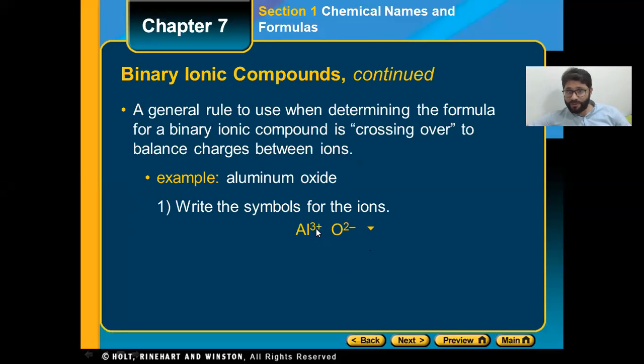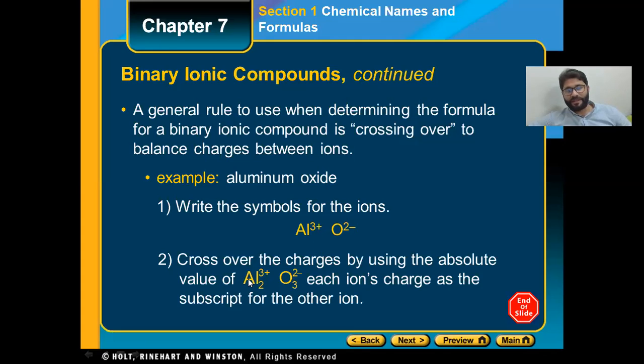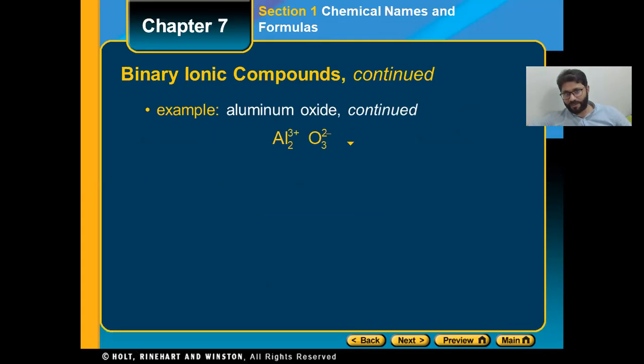When you know the charges on these elements, you can easily find the chemical formula for this binary ionic compound. How? You simply use the technique called crossing over. You bring the charge of oxygen, 2, to the subscript of aluminium, and the 3, the charge of aluminium, to the subscript of oxygen.